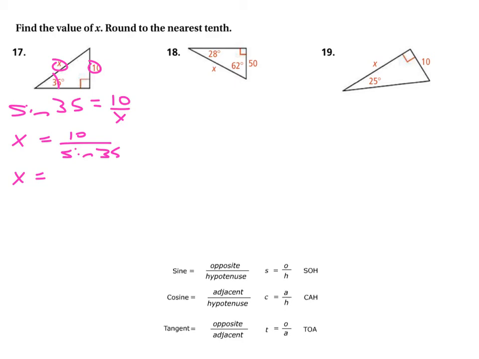Then type divided by. Okay, now you're going to hit the sine button, and in the parentheses you'll type 35 and close that. What you should get is 17.4344679.